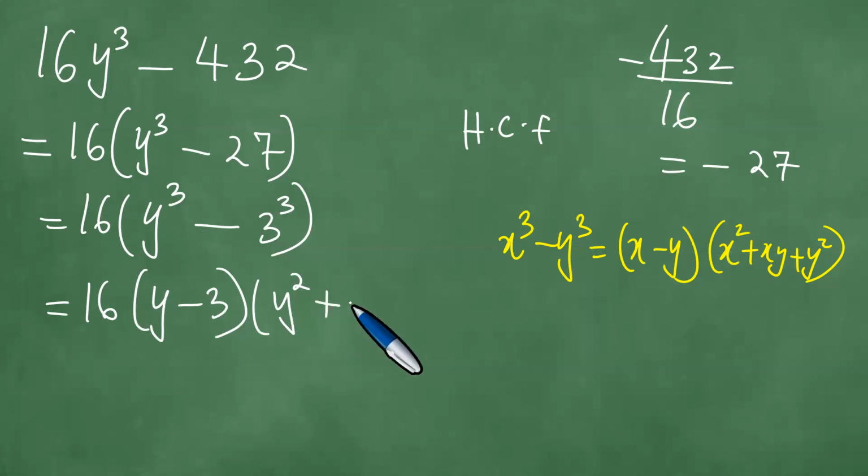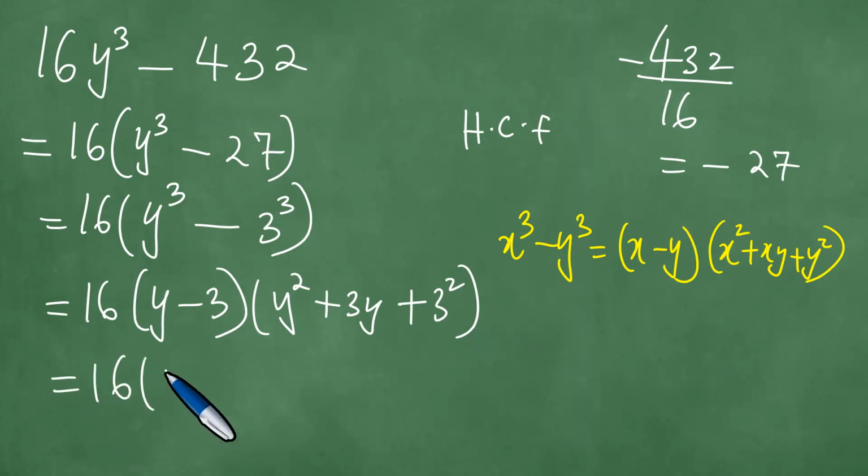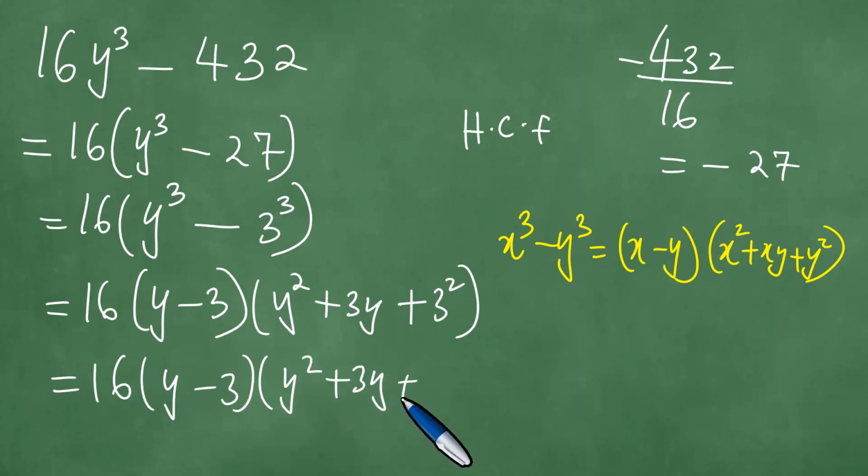So this one is going to be plus 3y. The last thing is plus the square of y, so you put a plus here and you square 3. So, which is exactly 16 into y minus 3 into y squared plus 3y plus 9. Okay, so let's look at the next one.